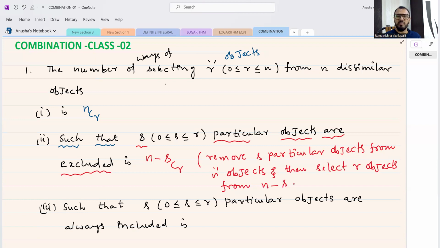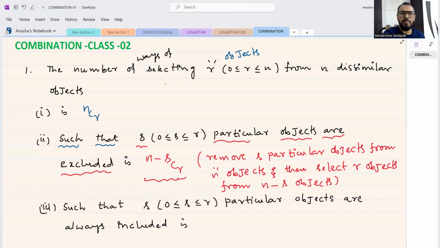What are the remaining objects? n minus s objects. So this can be done in n minus s C r. So excluded means you have to remove them. We should not take those objects.